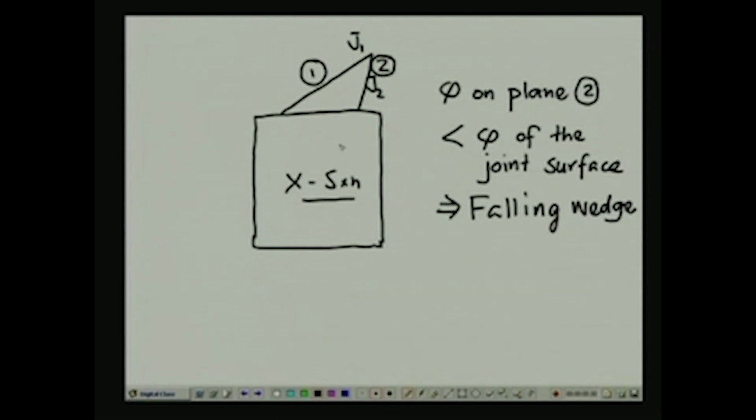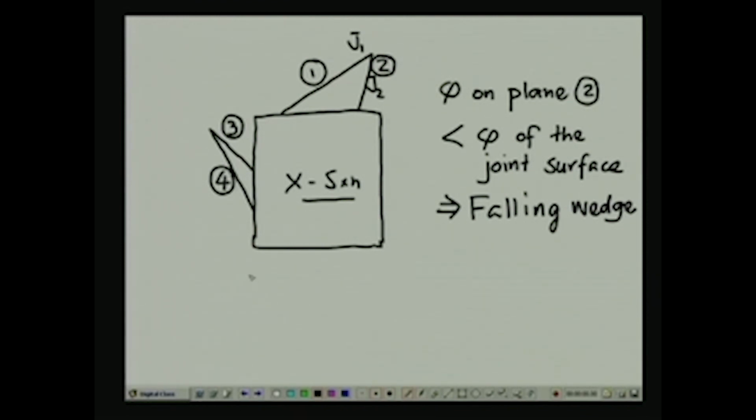Similarly, if you have got a wedge on the side wall, the considerations are going to be quite similar. In this case, let's say we have got two joints again making planes 3 and 4.